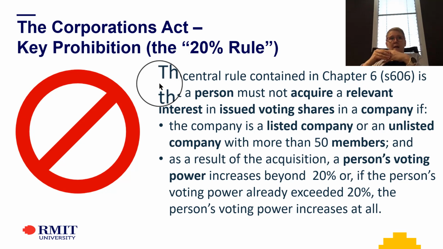So at 5%, you have to tell the market that you have that interest, but it's only when an acquisition or a transaction of some type would change your relevant interest in voting shares so that it goes over 20%, that the rules kick in. And those rules continue until you hit 90%. And then at 90%, we have a different set of rules.